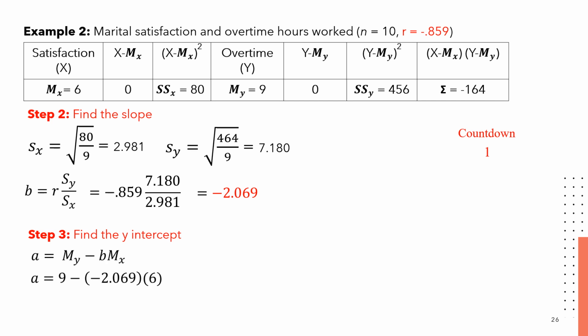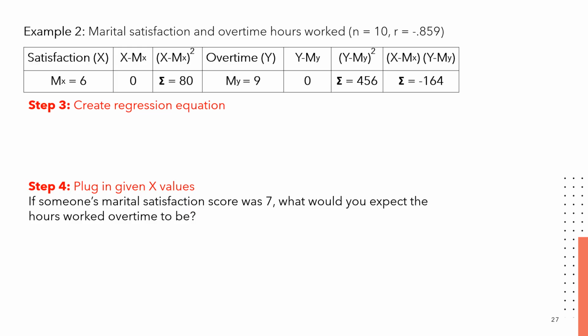So for the y-intercept, we plug that into the equation and we get 9 minus negative 2.069 times 6, which is about 21.414.